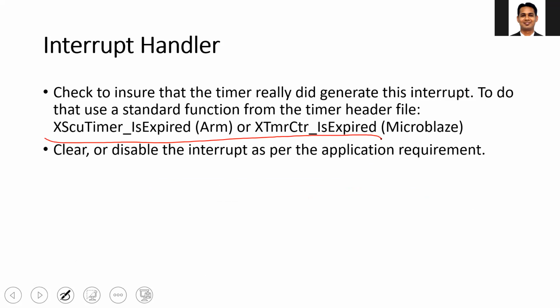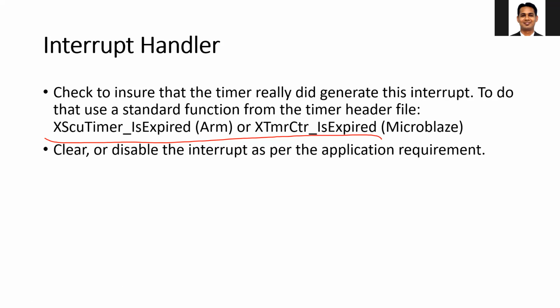So you can use this value. If this value is 0, or it is equal to 255, you know that the corresponding timer has expired. Okay, so the corresponding functionality can be achieved. And then you can also clear the interrupt, disable the interrupt. There are multiple functions in each IP. You can make use of these functions.